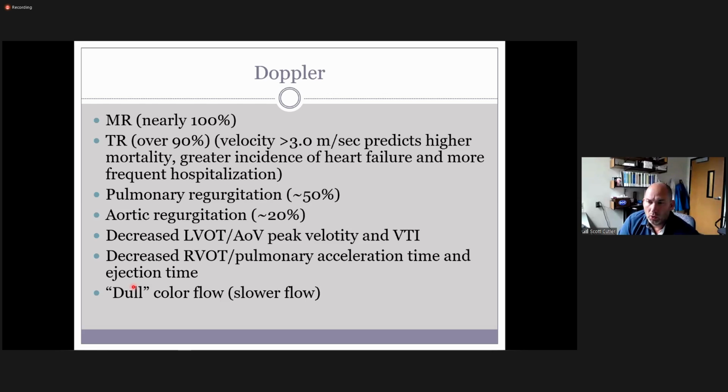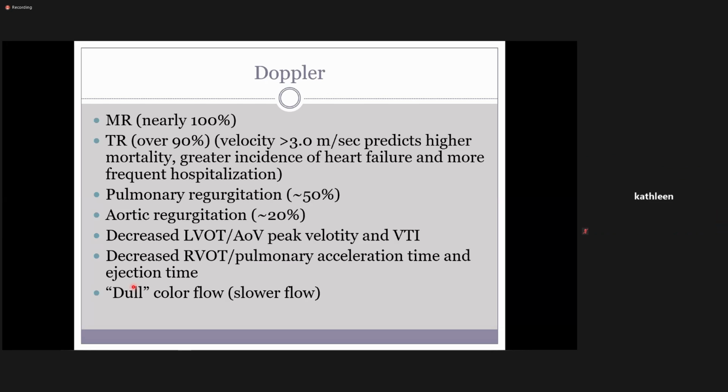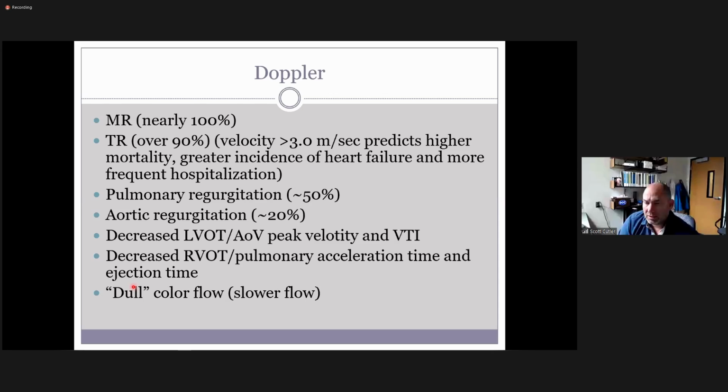Yes. So in this case, because it's more of a global issue with the heart, we are going to probably show more pictures. The point is, and I think that with COVID, you may actually have situations in some hospitals where you're doing more limited exams because they don't want you in the patient room as long, because time is likelihood of infection, right? Especially if COVID's going around or other bad diseases.